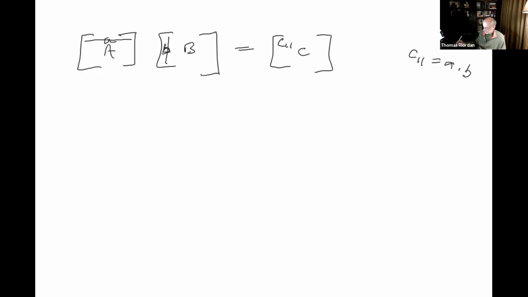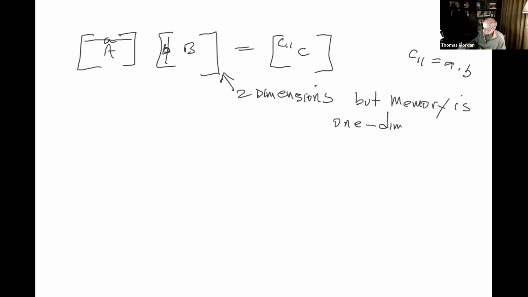Now here's the problem that we have. A matrix is a two-dimensional thing, right? 2 dimensions. But memory is 1 dimensional.